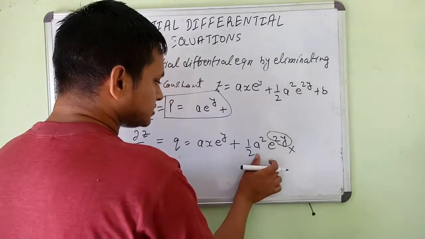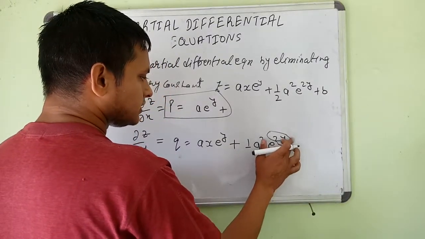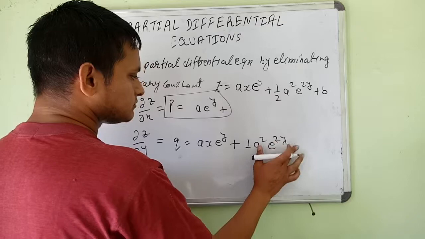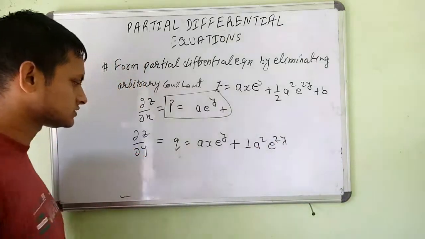Now this 2 and this 2 cancel, and the e^(2y) stays the same. So this is our q.